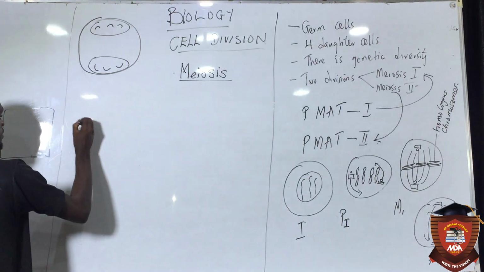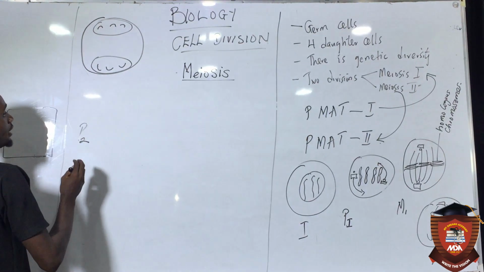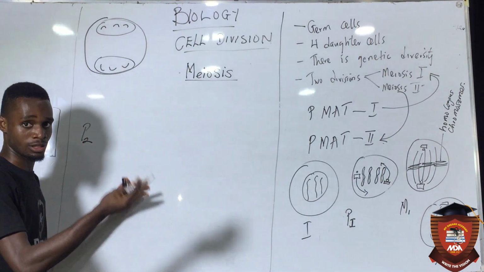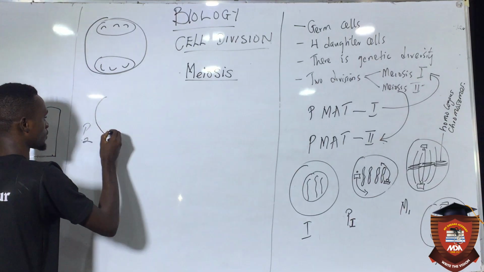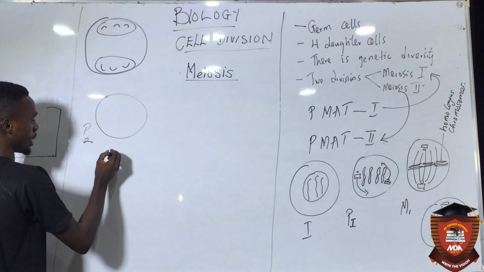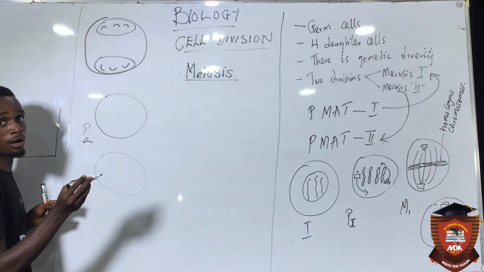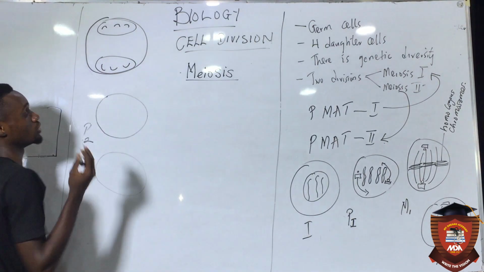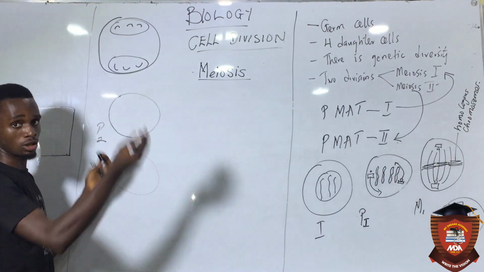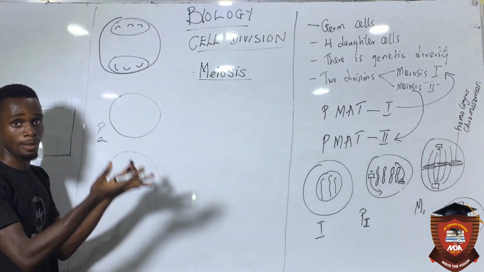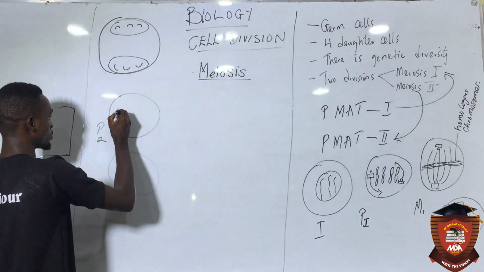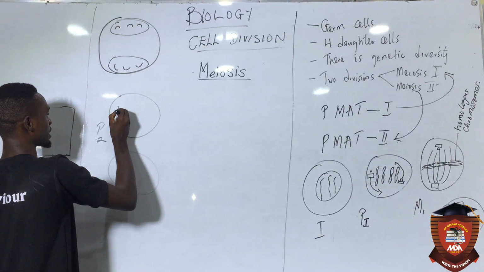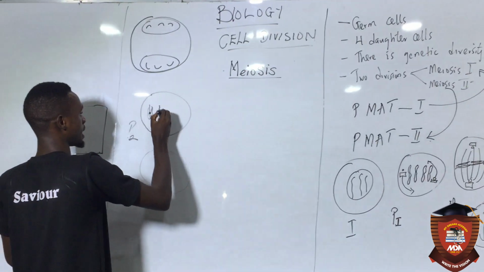So for prophase 2, again, the nuclear membrane will disappear. For each cell, I now have 2 cells this time around. The chromatin will again condense back into chromosomes, this time having chromatids. So each chromosome now has chromatids attached at the centromere like that.